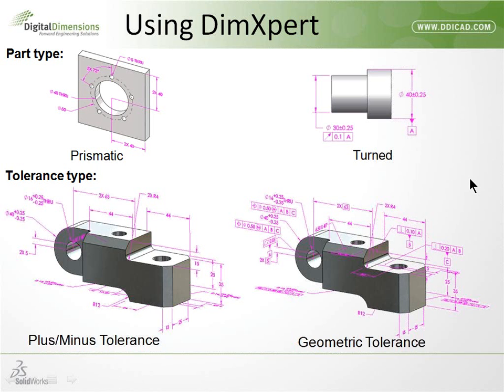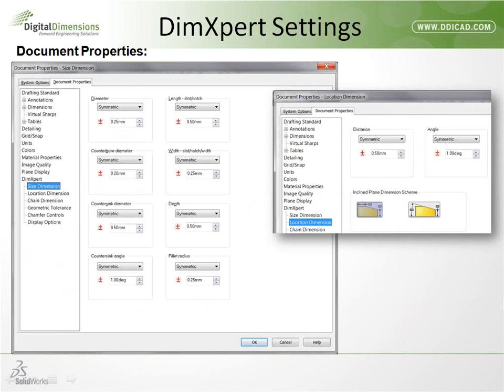So back over to the slideshow here. Within the document properties, you'll find there's a DimXpert area. That DimXpert area allows me to set the default tolerance size and location for each DimXpert type. So again, because this is a document property setting, that means it could be different for each file.